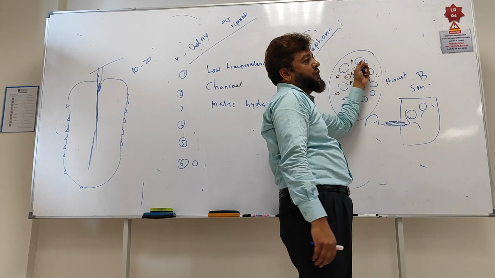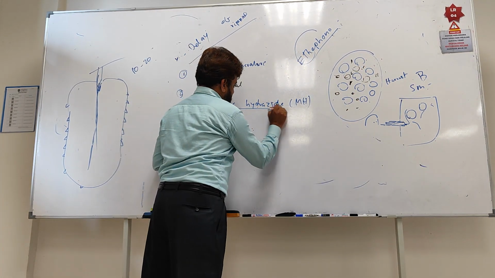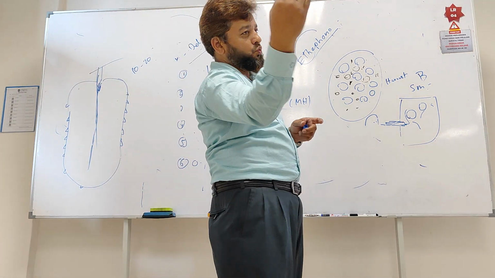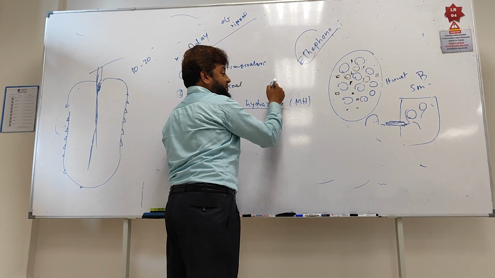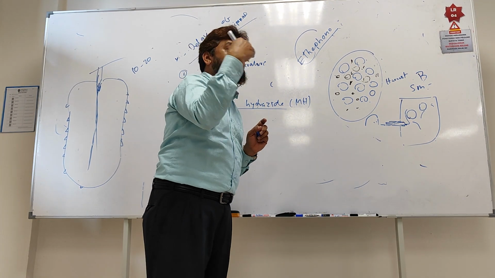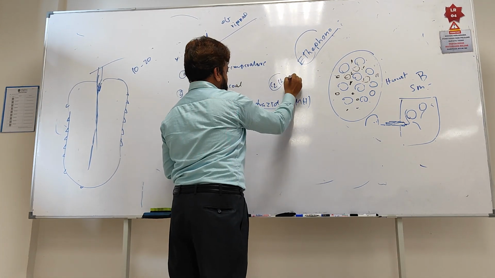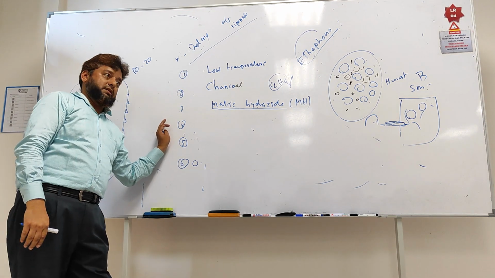If we apply the hormone, then the fruit will take a long time to ripen. Why? Because this maleic hydrazide hormone inhibits the ethylene production. So in this way also we can delay the fruit ripening.